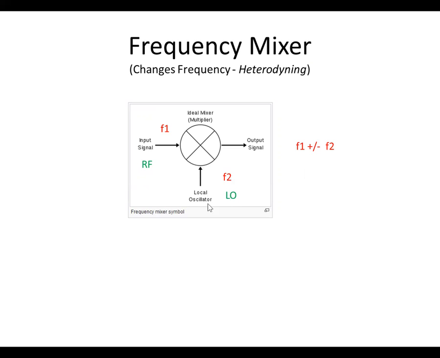We just talked about an oscillator, so we've got an oscillator sitting out here generating sine waves at some frequency, and then by multiplying it with the input signal, we get an output signal that is the sum and the difference of the two frequencies.